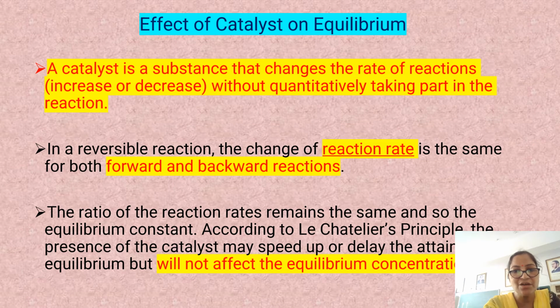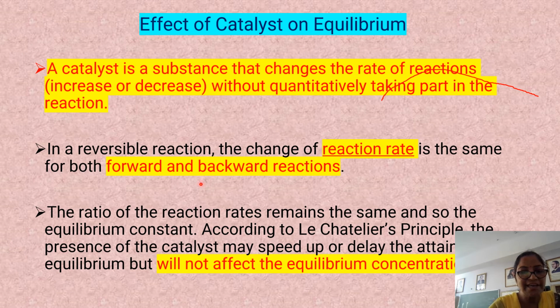Effect of catalyst on equilibrium. A catalyst is a substance that changes the rate of reaction. It can either decrease or increase the rate of reaction without undergoing any quantitative change in itself. In a reversible reaction, a catalyst can increase the rate of the forward reaction as well as the backward reaction.